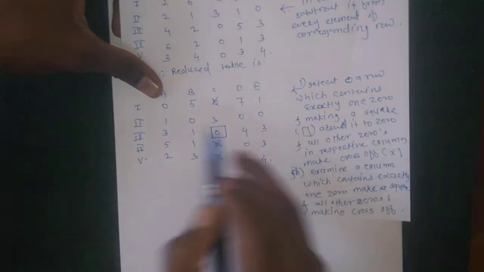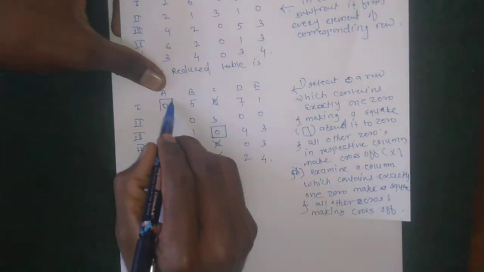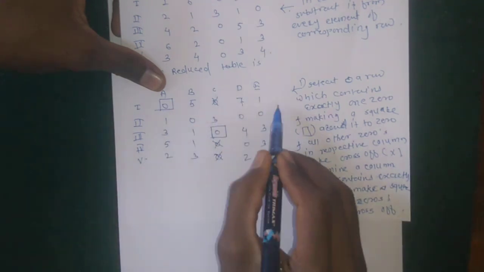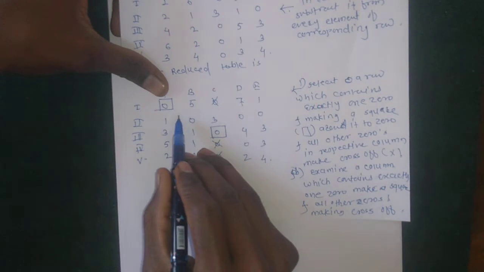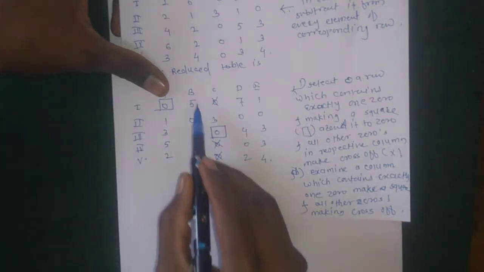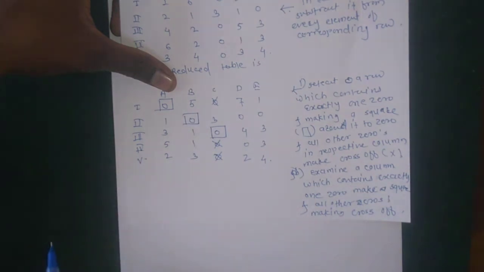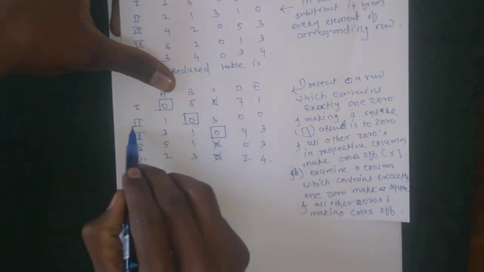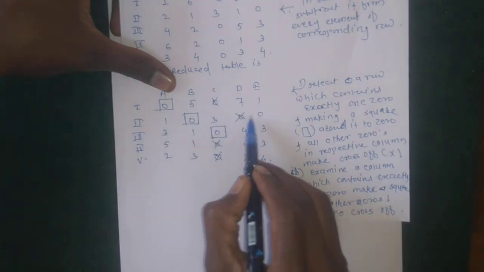Okay, then now we have to select the column which contains exactly one zero. So here the first column contains exactly one zero, the other zeros take a cross sign. Here one zero already has a cross sign. Okay, then the next column, the B column, contains exactly one zero, so make a square, and in the respective row other zeros take a cross sign.